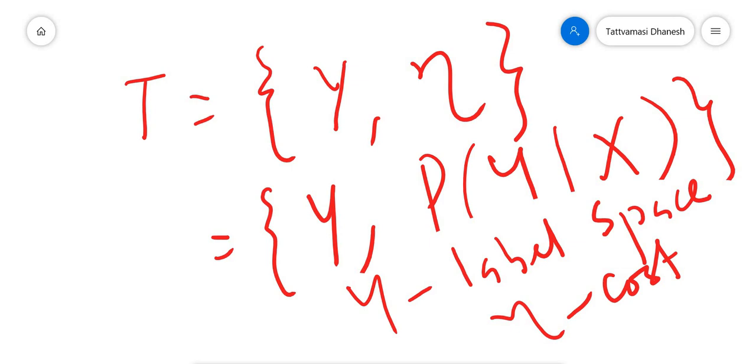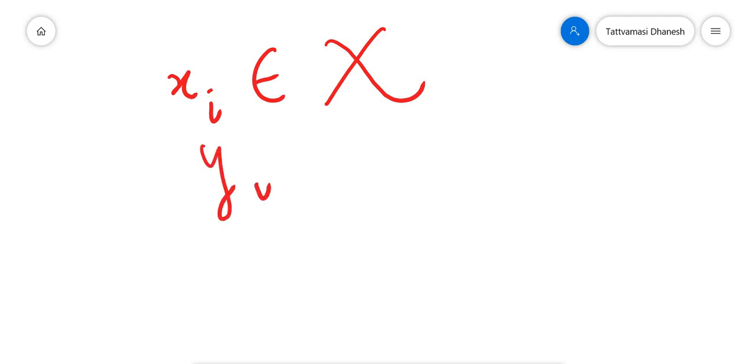So you understood these things. In a simpler way, from the earlier discussions, Xi is an element of psi, where psi is the feature space, and Yi is an element of Y, where Y is the label space.